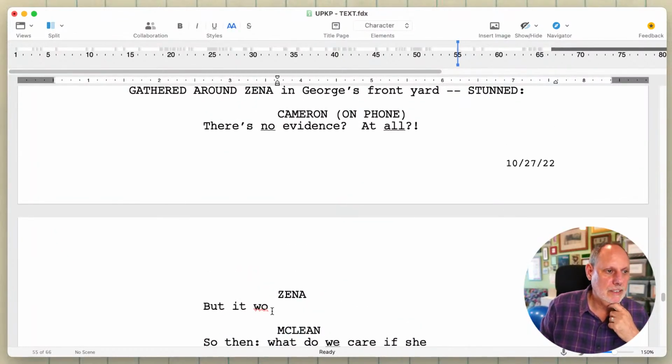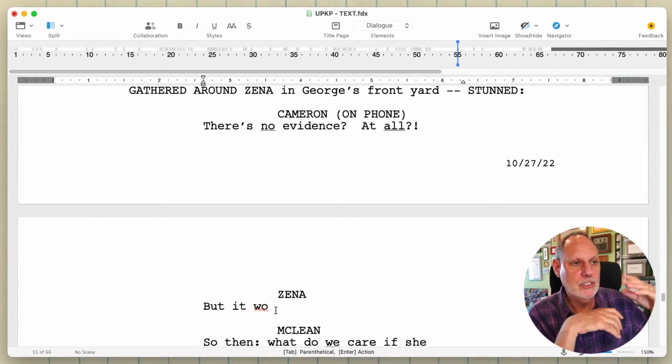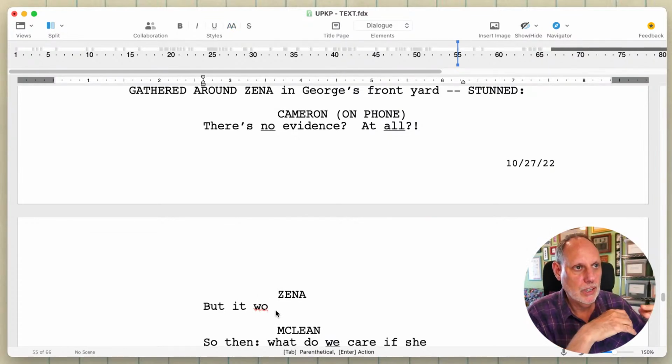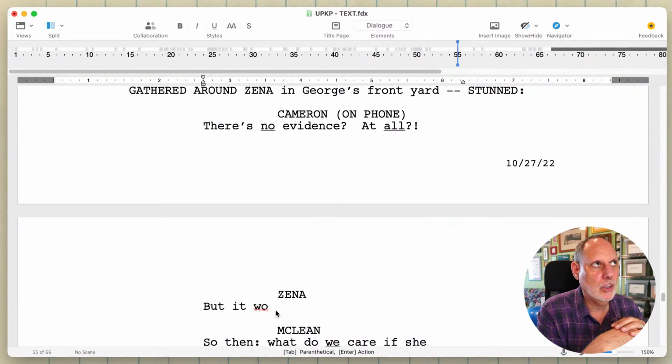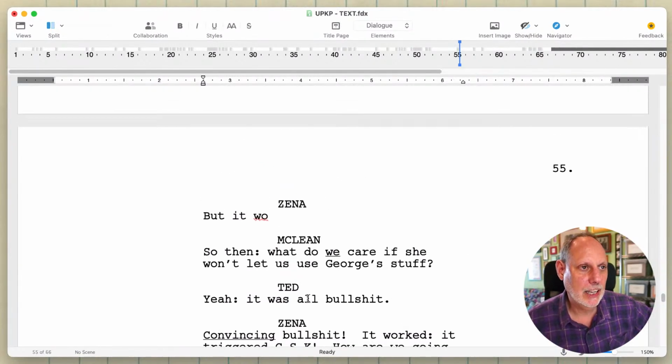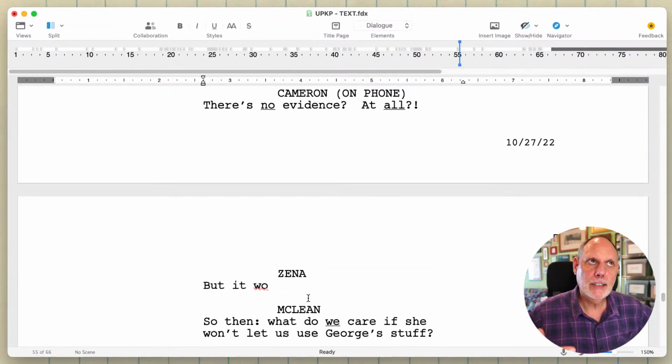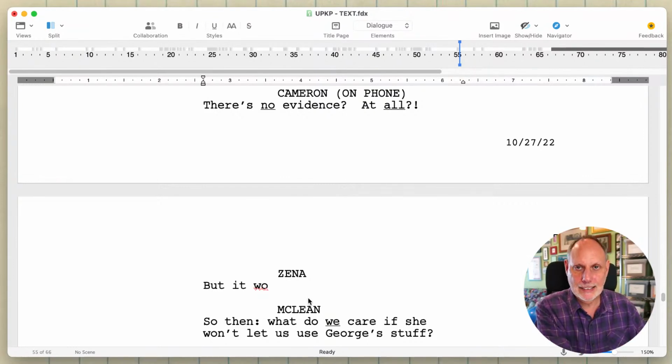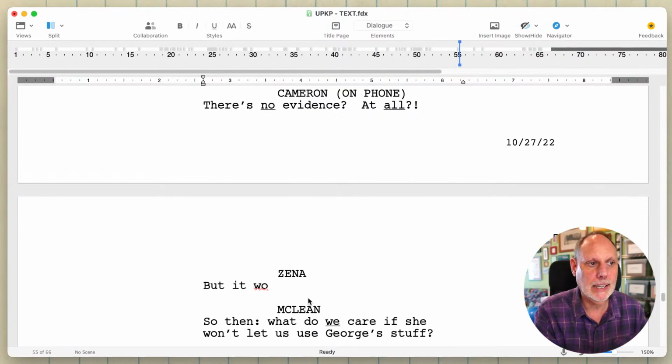So Zena just told them this, and then she's got to say, I'm upset that George's materials are not available to us. That's going to be the point: Zena is saying we have to get that stuff back, because we're going to keep doing the podcast. That's where Zena's head is at.